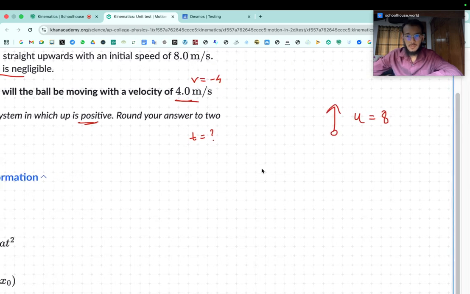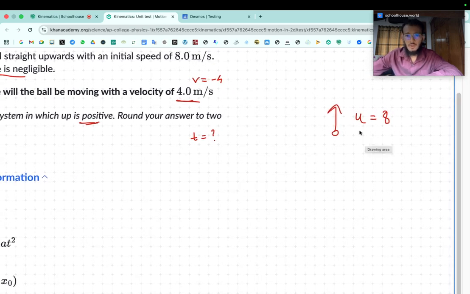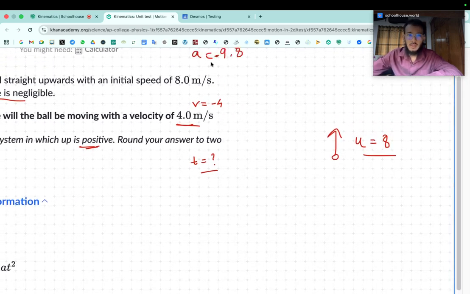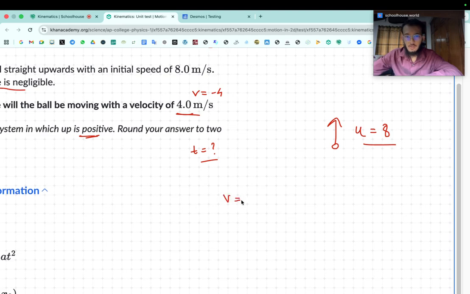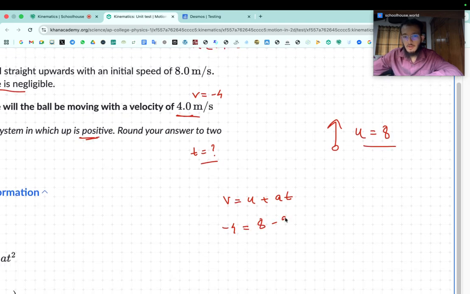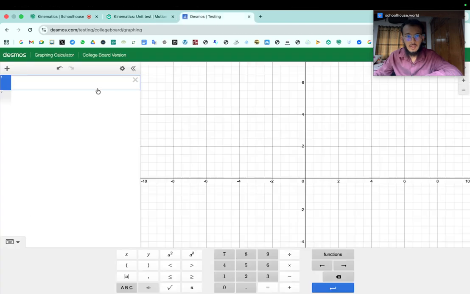All right, so we have u, we have v, t, and a. So we use the equation v equals u plus at, and v is -4 equals u is positive 8, plus negative 9.8 times t, and the t that we get here will be our answer.